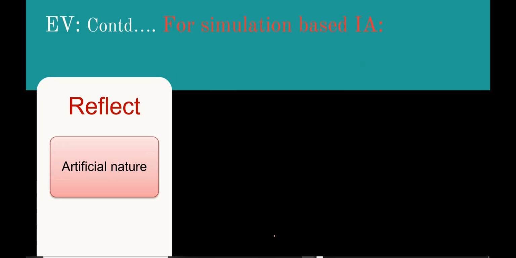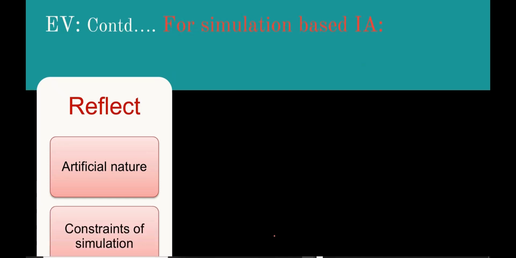Reflect on the artificial nature or non-empirical nature of simulation. What does it mean? It means that the results obtained are predetermined by the author. The results are not obtained from direct observation or experience. That is, you are not doing the experiment, you're using a simulation for collecting the data.